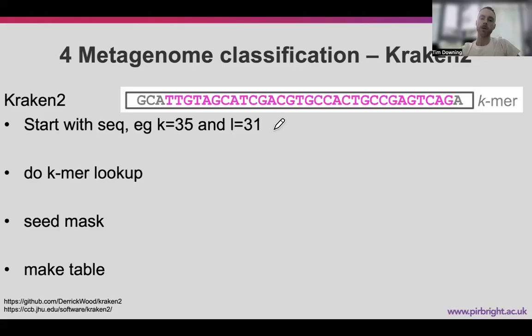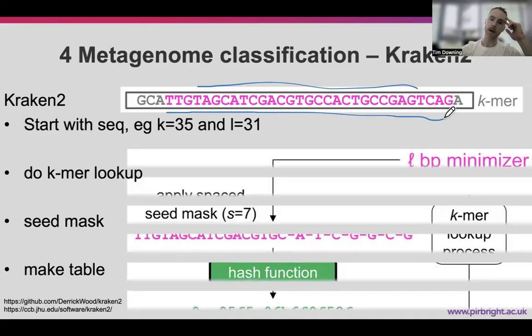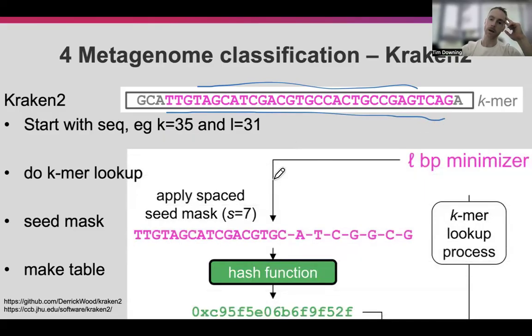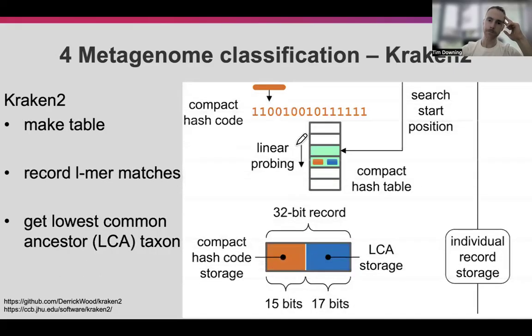So we can imagine that we have some k-mer from a read here, and what we'll do is actually take some length, like the pink length L there, and use this as our search query, and we'll create a hash from this and use a k-mer lookup process to make a table from this.